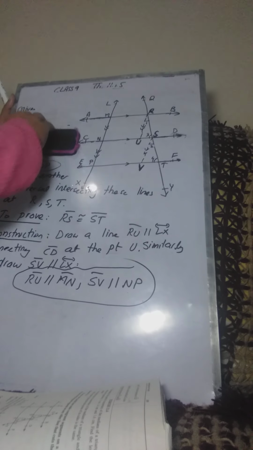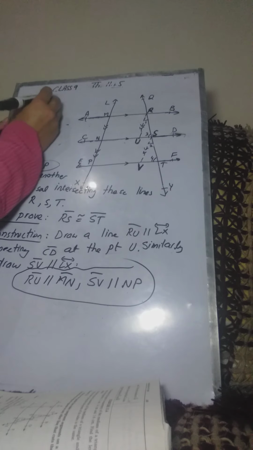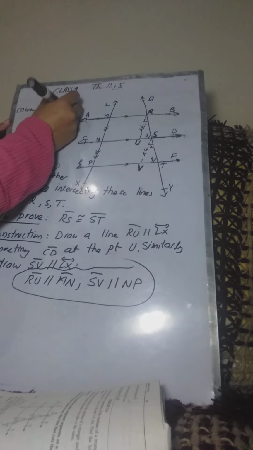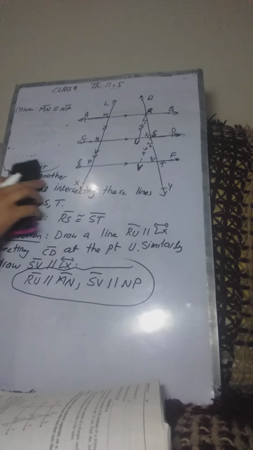Now let's start the proof. Let me write the main points of the given that we are going to use. MN is congruent to NP.